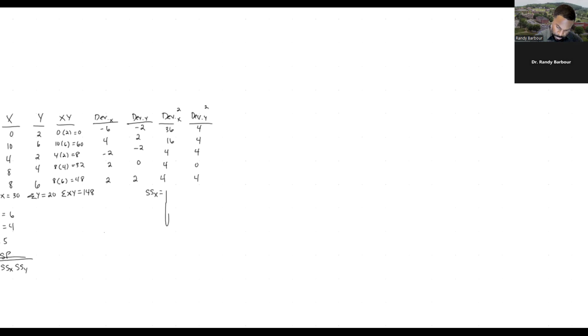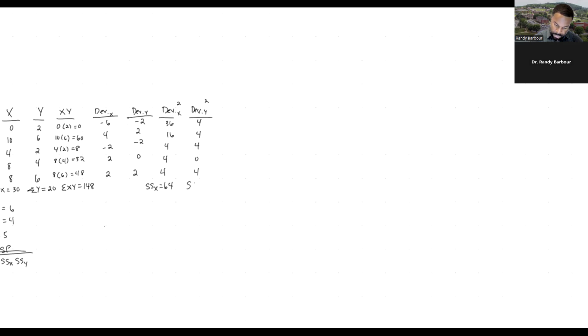For Y, negative 2 squared is 4, 2 squared is 4, 2 squared is 4, negative 2 squared is 4, 0 squared is 0, and 2 squared is 4. So our sum of squares for X equals 36 plus 16 plus 4 plus 4 plus 4, which gives you a value of 64. And my sum of squares for Y, 4 plus 4 plus 4 plus 4, is 16.